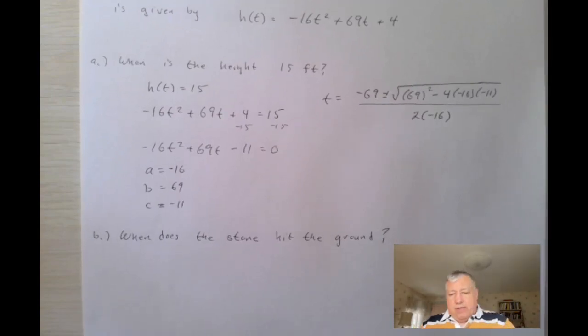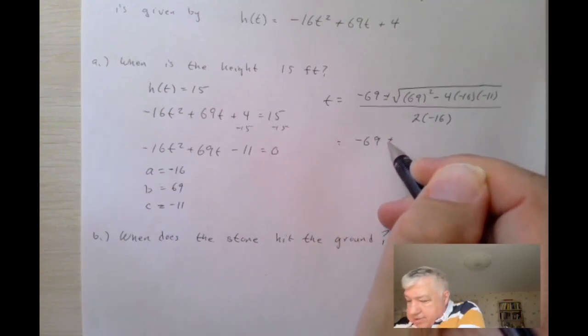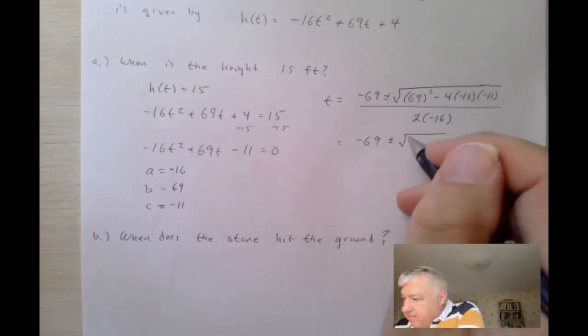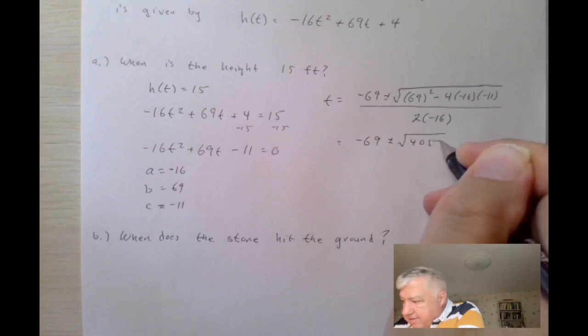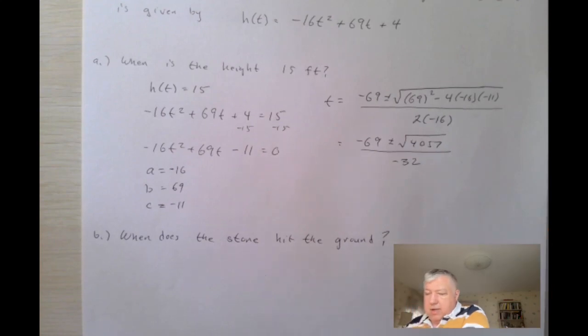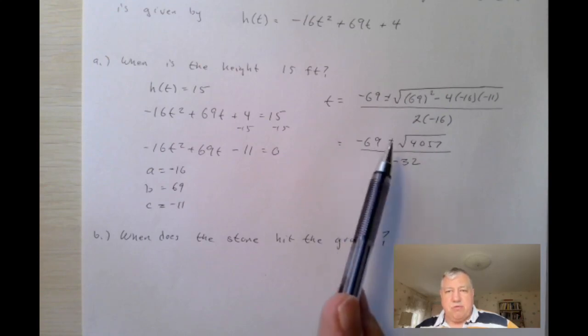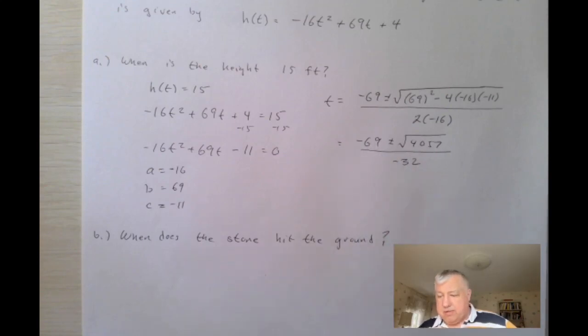If you go ahead and compute this, this is negative 69 plus or minus the square root of 4,057 over negative 32. The denominator is negative, but that's okay, the numerator is going to be negative in both cases as well.